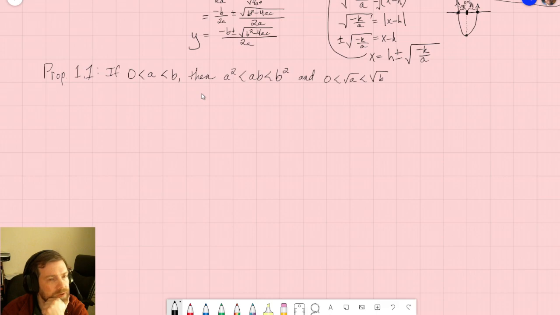All right, so we should be able to do direct proof pretty easily. Okay, so if we have this, then we should be able to take A and multiply it onto all parts. So that's going to be A squared less than AB less than B squared.